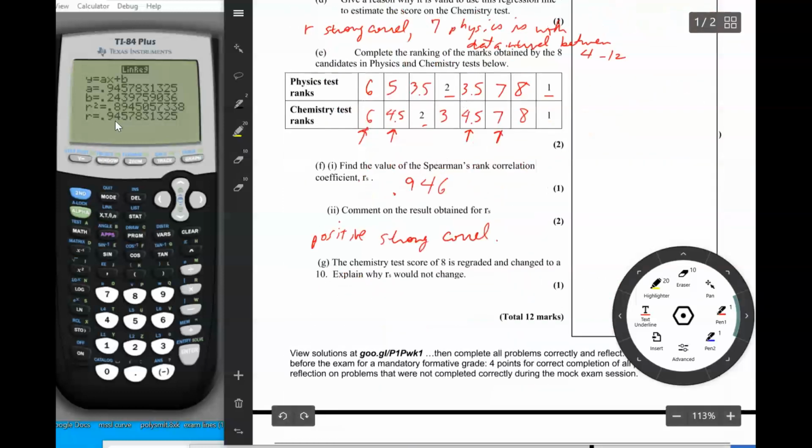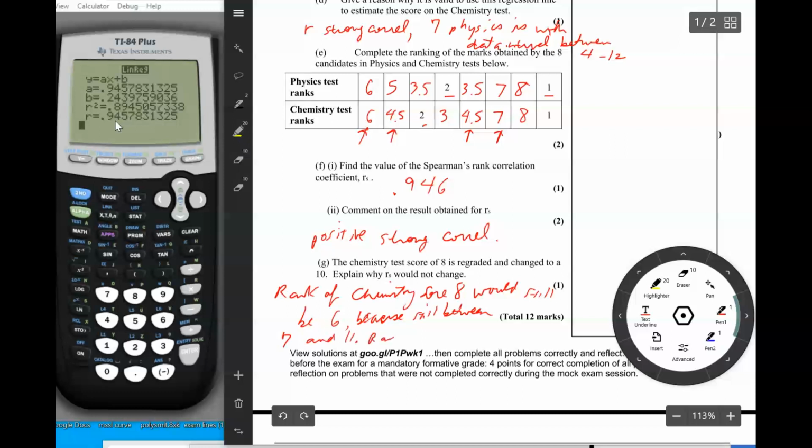We could say the rank of the chemistry score of 8 would still be 6 because it's still between 7 and 11.